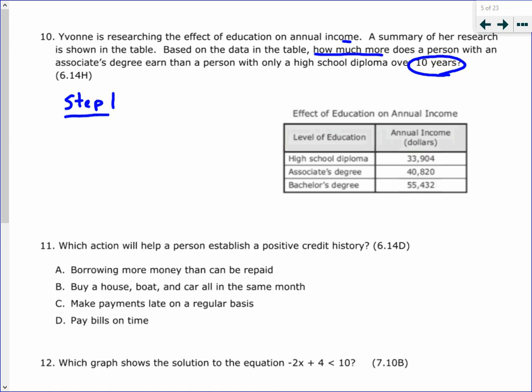We got an associate's degree and a high school diploma. So associate's degree and high school diploma. 40,820 minus 33,904. And borrow.